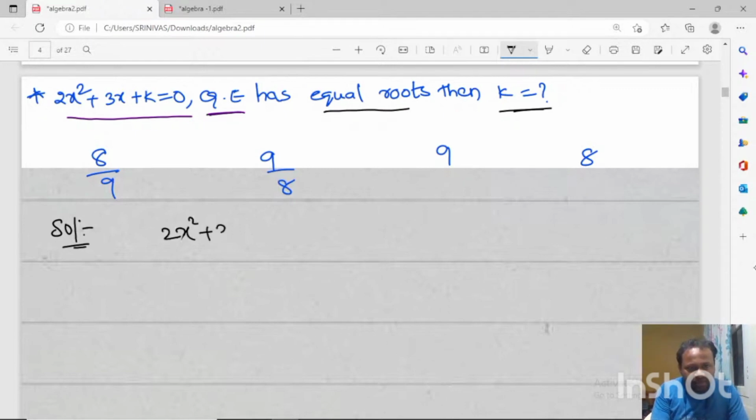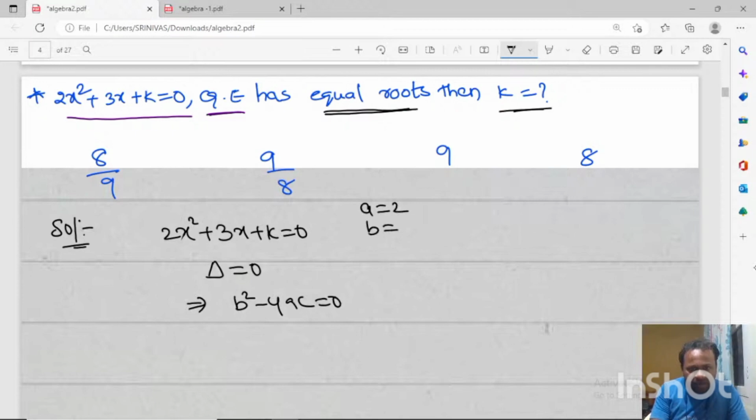2x square plus 3x plus k is equal to 0 has equal roots. Equal roots means delta is equal to 0. Hence, b square minus 4ac is equal to 0. Here, a value 2, b value 3, c value k.